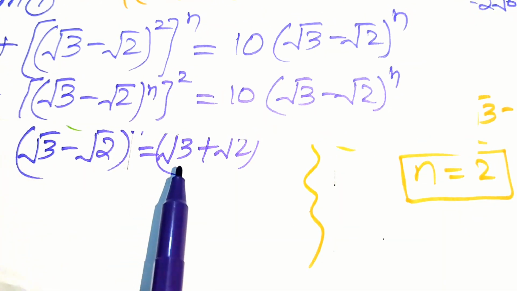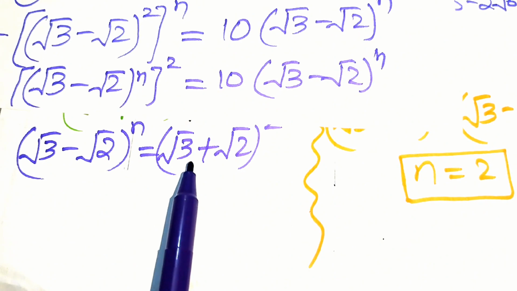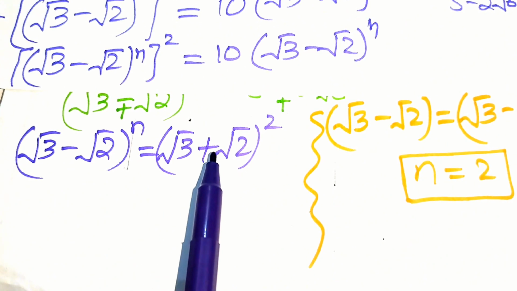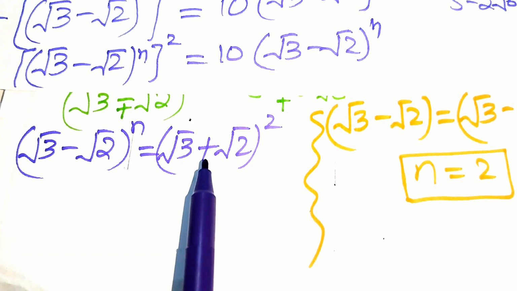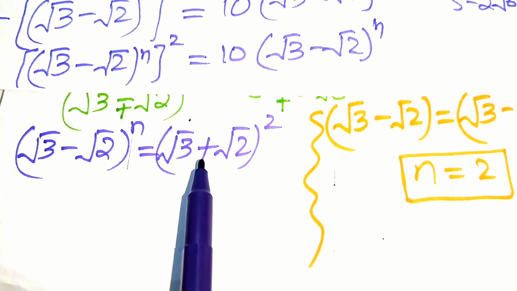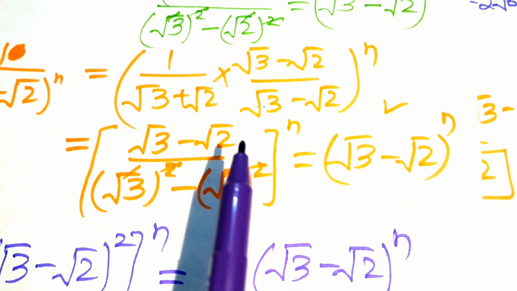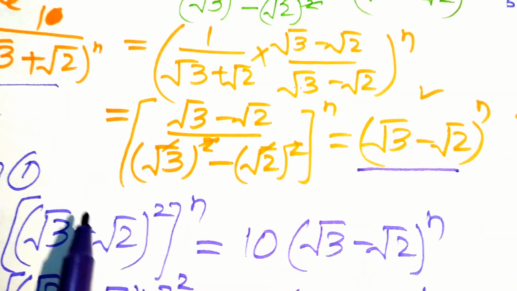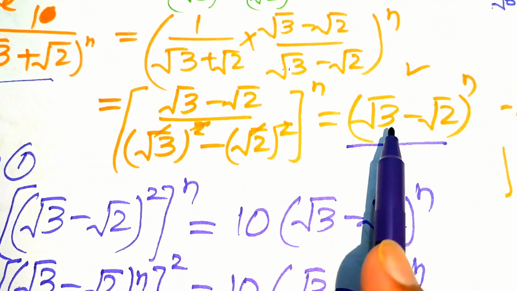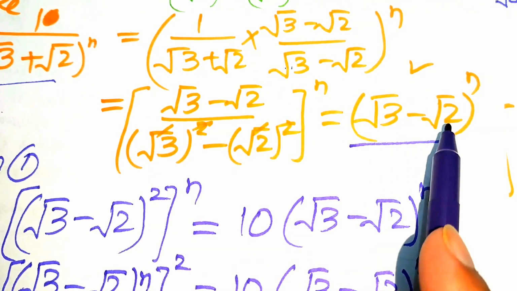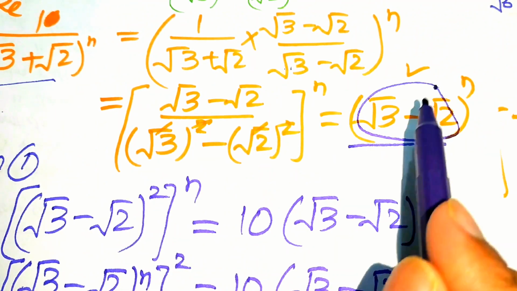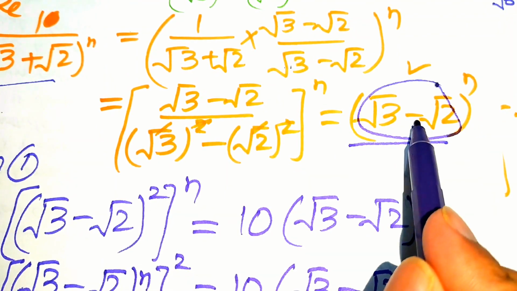So we have this value, square root of 3 plus square root of 2 and its whole square. Now if we take the reciprocal of the base, then it will be equal to the negative term according to this value. If you have the base square root of 3 minus square root of 2, and you take the reciprocal of this base, it becomes the positive value.